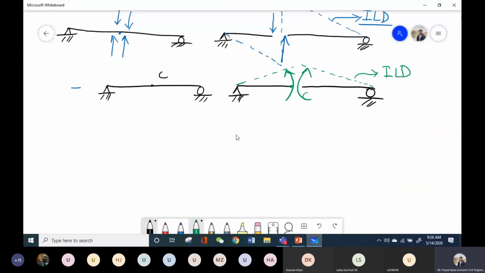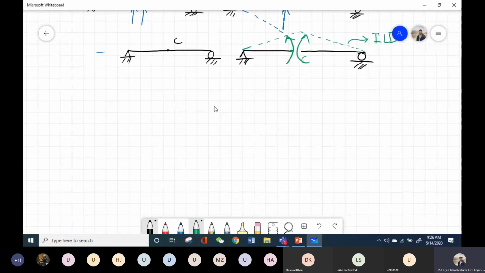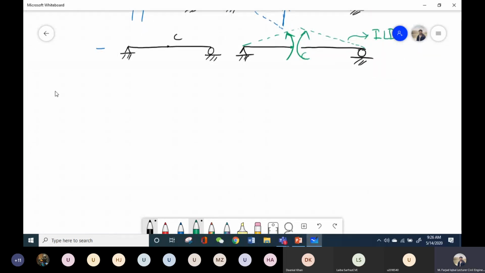So what does this principle basically mean? Let's say I have a simply supported beam. This is the virtual work principle that Muller used.